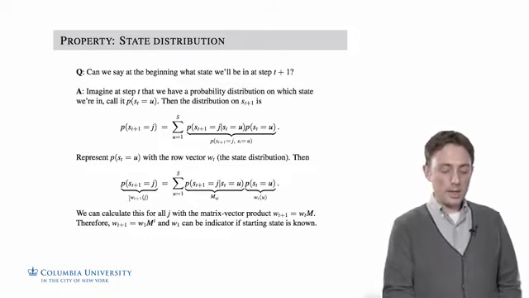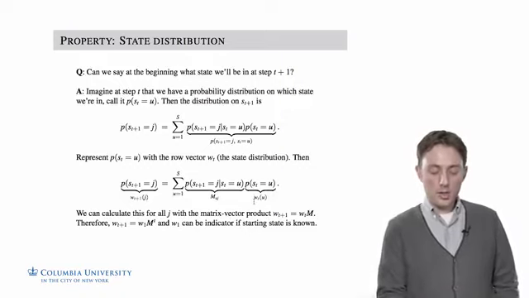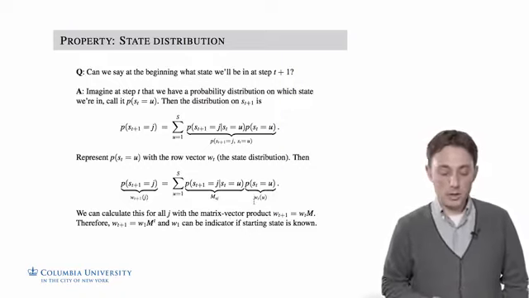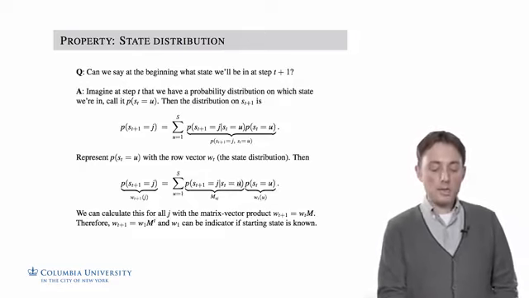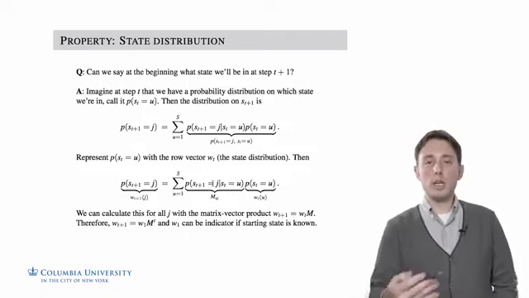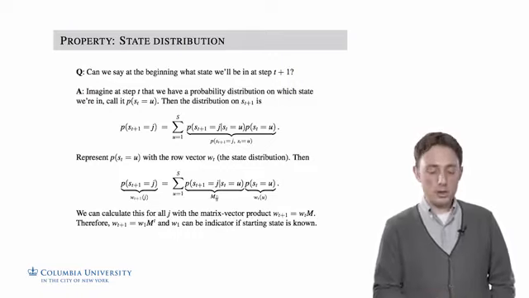Then we can say that this probability is the vector w_{t+1} evaluated at dimension j. We can say that this prior probability is the vector w_t evaluated at dimension u. And this probability of transitioning from state u to state j, because we're assuming that the probability is not changing with time, is simply the ujth element in the Markov transition matrix M.